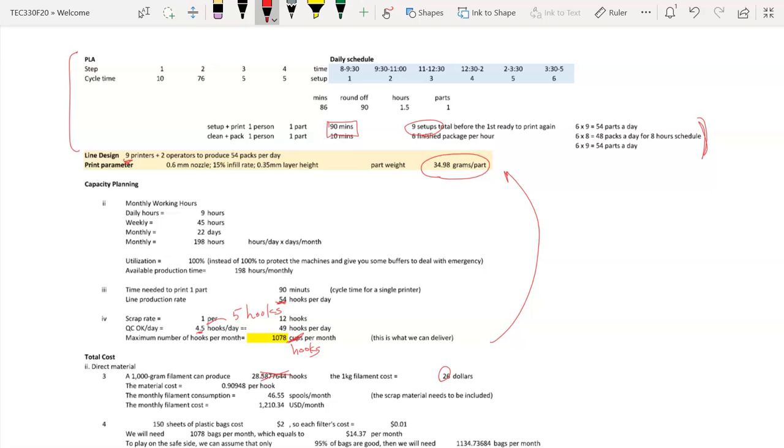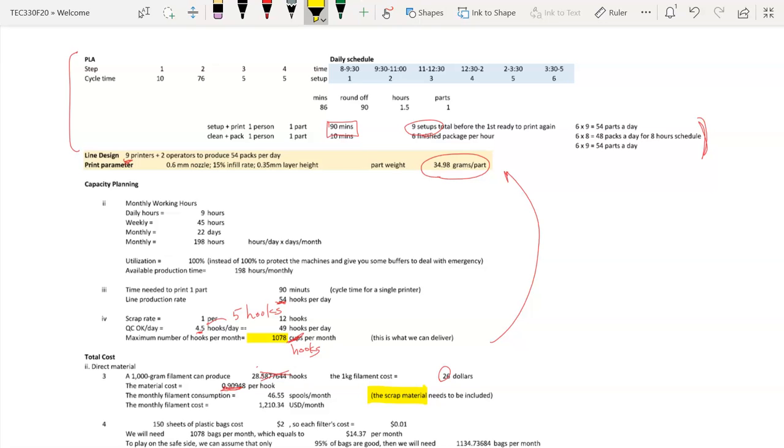Material cost is using that to divide it. Then you get the material cost is $1, and that is pretty much the same as what we have on the spreadsheet itself. And the other one is the month. Because we know the amount of hooks we need to produce, we'll be able to know the monthly consumption rate. Remember, the scrap materials also need to be considered.